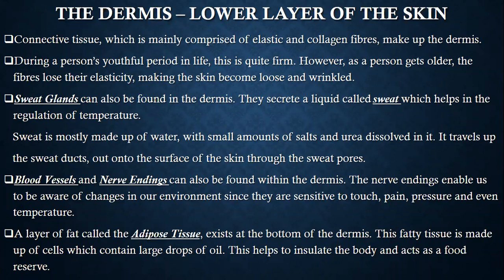So when temperature increases or decreases, that's how you are able to say, hey, the place is getting real hot, or hey, the place is getting real cold. That is how you are able to perceive this, because of the nerve endings that you have in the dermis layer of your skin.